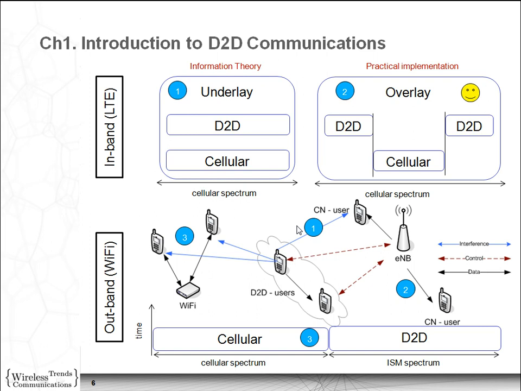So there are some techniques that can be applied in this scenario. Underlay means that we have interference, and in the literature, if you check what happens when you have interference, this gives a lot of scenarios that are analyzed using this information theory approach, right?